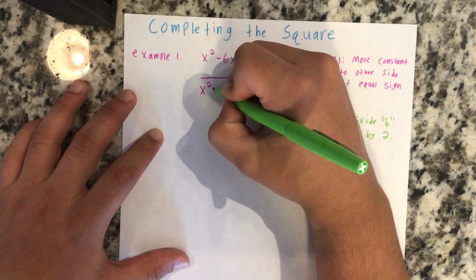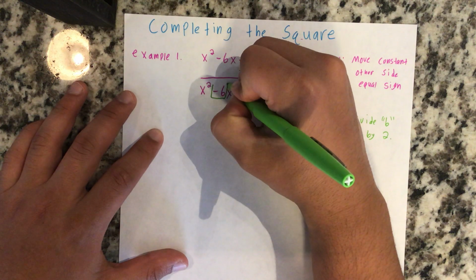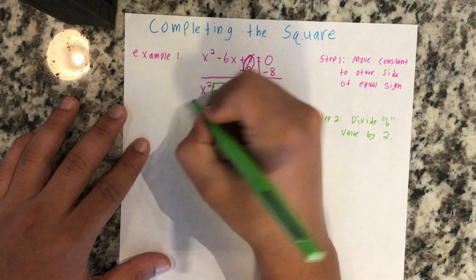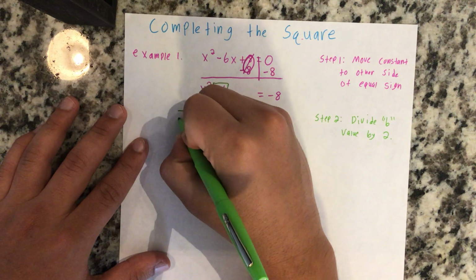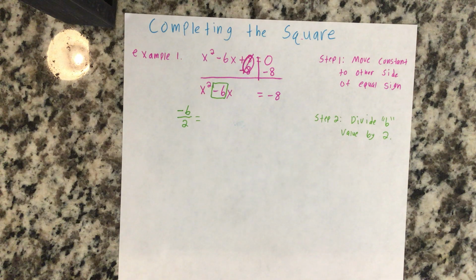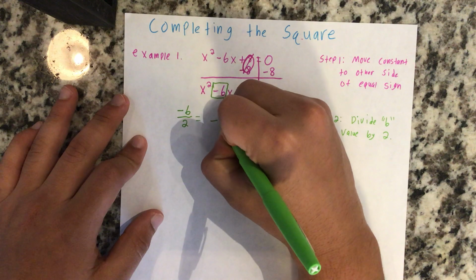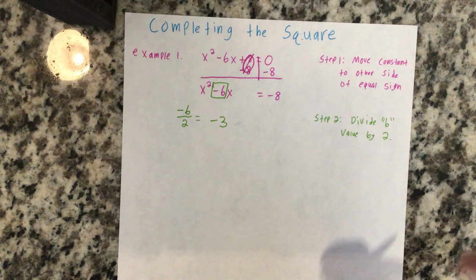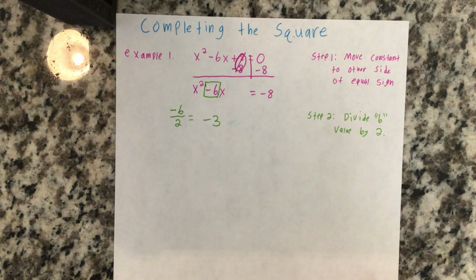So I'm going to take this value, negative 6, and divide that by 2. Negative 6 divided by 2 is negative 3. If you know that, good. If you don't, put it in your calculator. So negative 6 divided by 2 gives me negative 3, okay? Step 2 is done. That is it. That's a whole step.